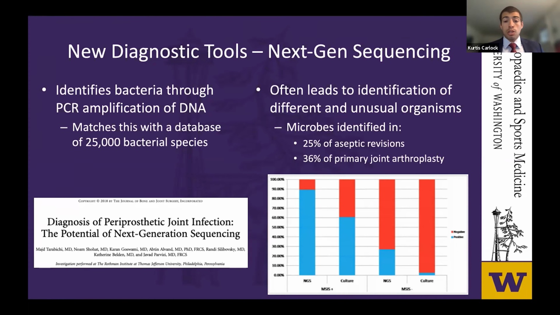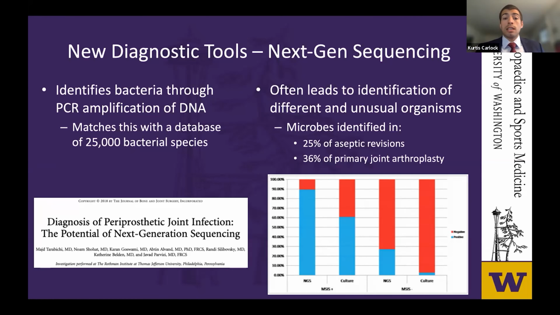With next generation sequencing, a sample is sent off to a lab, and PCR amplification of bacterial DNA is used. Samples are cross-matched with a database of over 25,000 bacterial species to determine if there are any bacteria present in that sample.